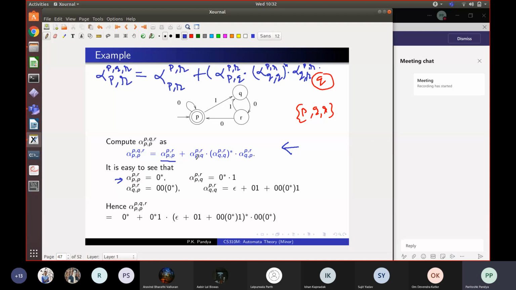Similarly, next I need to calculate this term. So I calculate it here. What is alpha PQ going via PR?